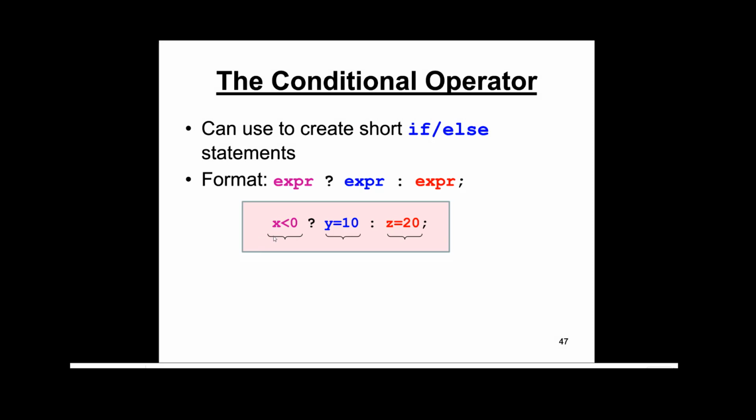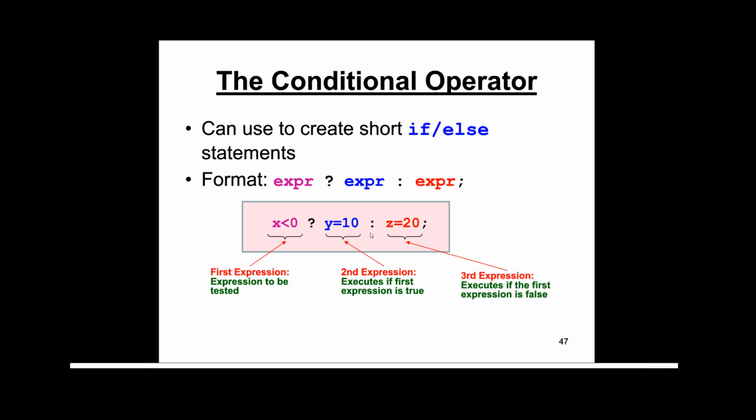If you look at this example, we have three expressions here. The first expression is the one you want to test in the condition of your if-else statement. The second expression is the one that would be executed if the condition is true, and the third expression is the one that will be executed if it is false.